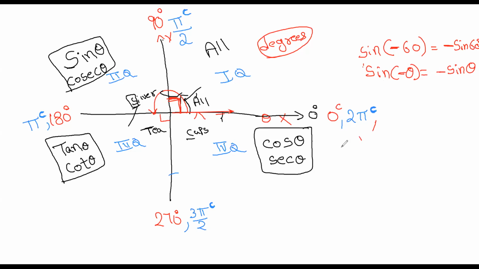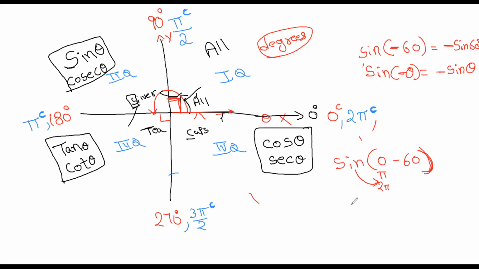Look how you got this. It is sine of 0 minus 60. Whether it is 0, pi or 2 pi, the trigonometric ratio won't change.